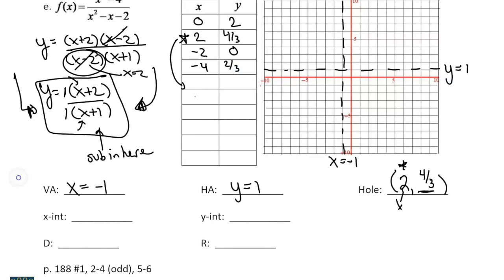Let's just add in one more point here. If I picked 3 for x, then you would get the point (3, 5/4). There we go. Okay, so we have the point (0, 2). At 2, 4 over 3, we're going to say we have a hole, and then we have the point (3, 5/4), which is just slightly above there. And let's join that.